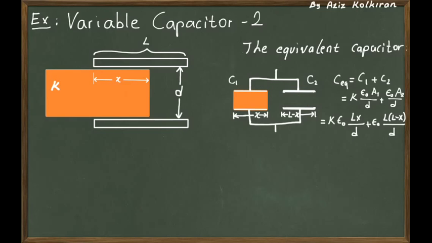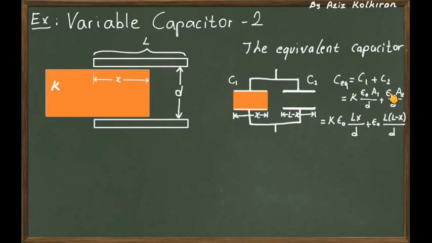So the new capacitance, of course, will be the sum of these capacitances, and we may now easily express them. The first one, since it has a dielectric K, will be epsilon 0 times A1, the surface area of the plate of the capacitor C1, divided by d, and the distance between the plates is the same for both capacitors.